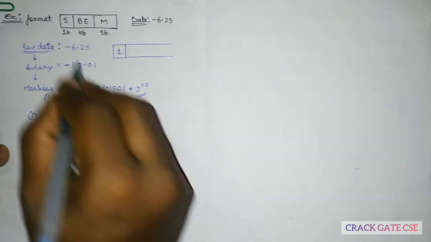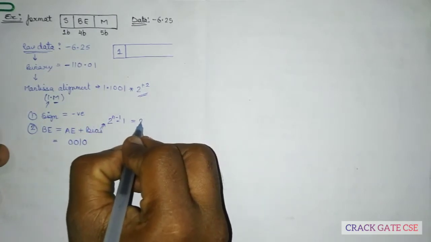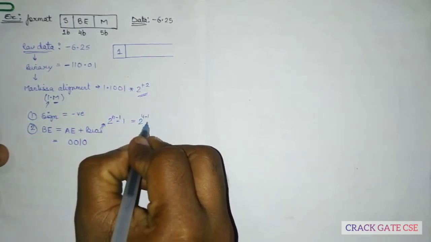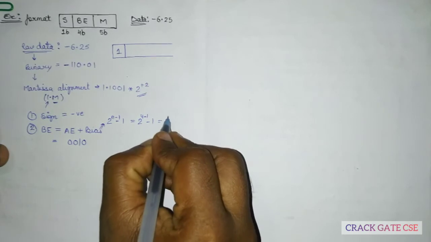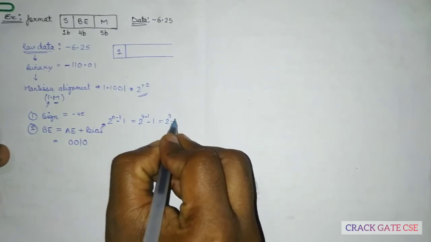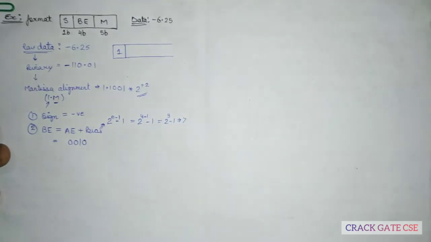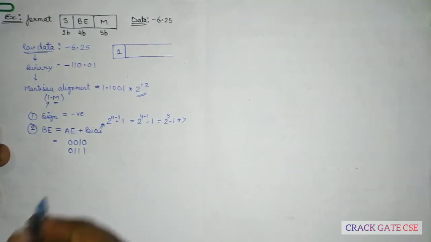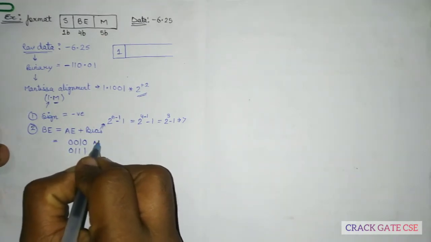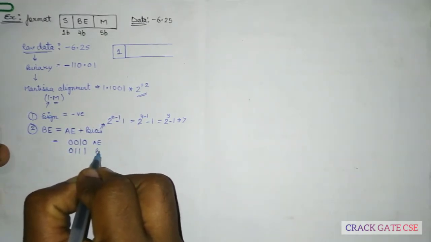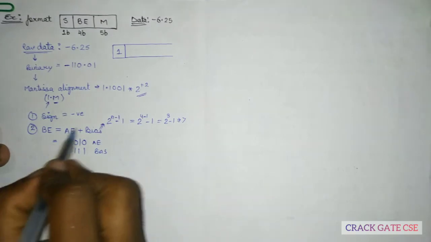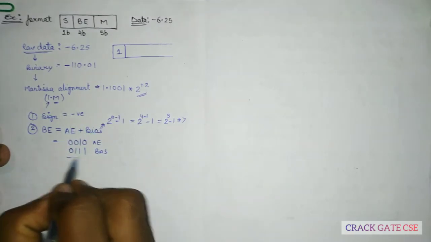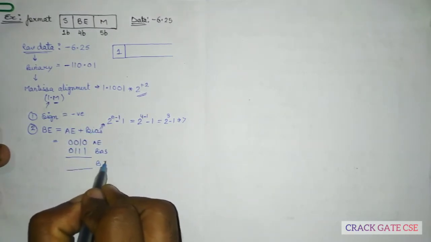If you place 4 instead of n, it will be 2 to the power 4 minus 1, minus 1, which is 2 to the power 3 minus 1, which equals 7. And 7 in 4-bit format is 0 1 1 1. This is the actual exponent, this is the bias, and if we add these two, we get the biased exponent.